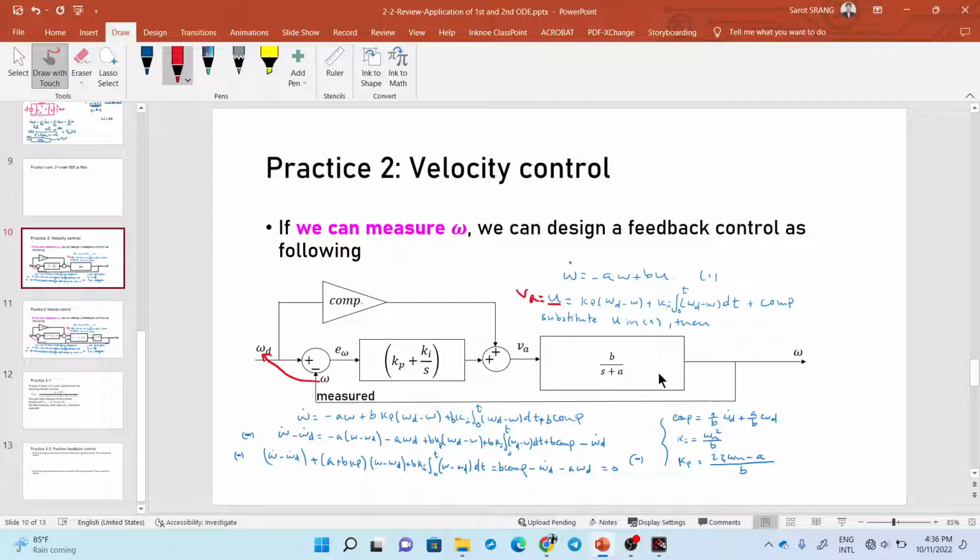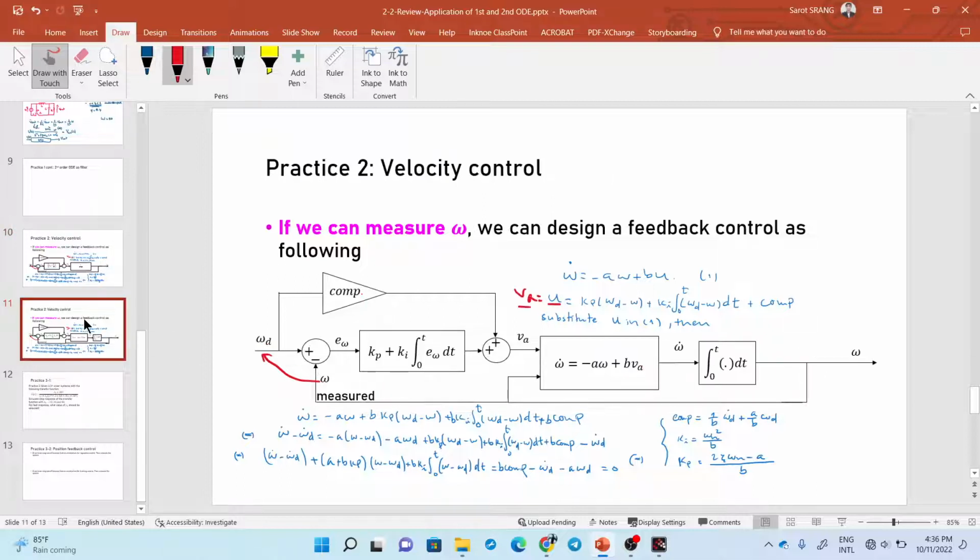So here is a block diagram that uses Laplace transform. This is the plant for the system. Input is voltage, output is angular velocity, and I will use this kind of notation, which is much easier for you when you derive to find the coefficients of the controller.